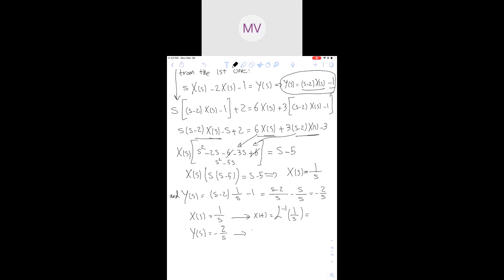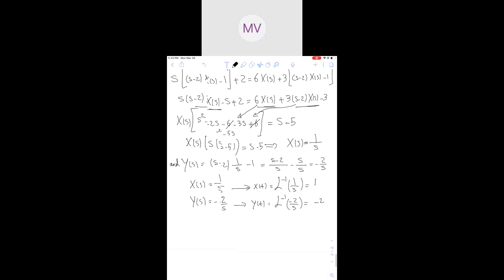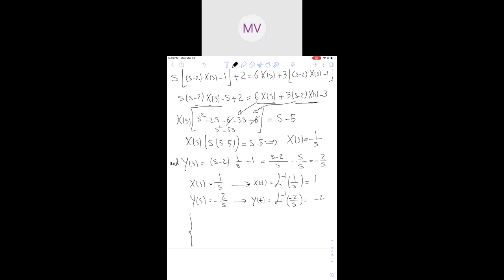You tell me what that one is, and y of t is Laplace inverse of negative 2 over s. Yep, it's 1, and the other one is negative 2. So the two functions satisfying these two equations and those initial conditions are basically the constant functions 1 and negative 2.